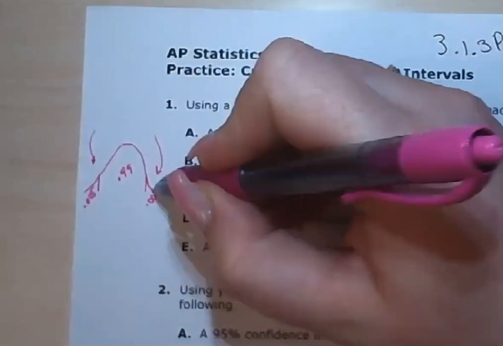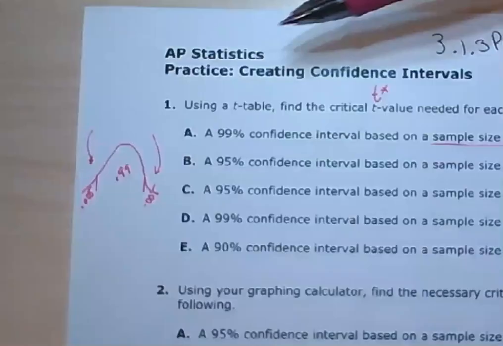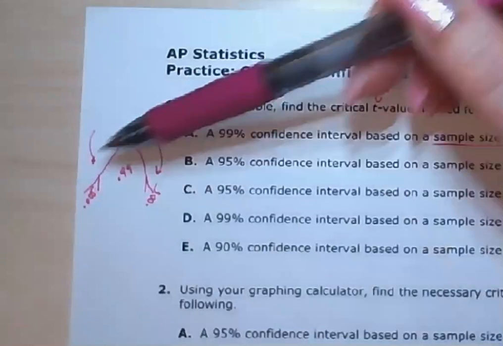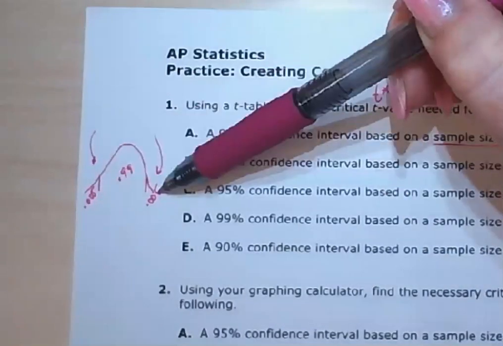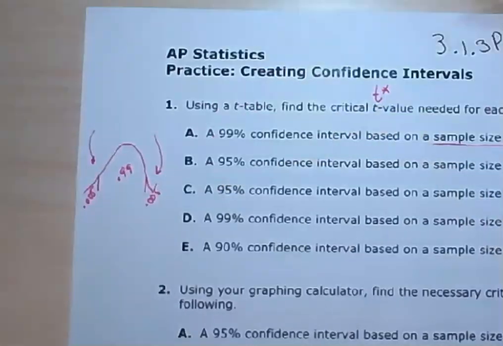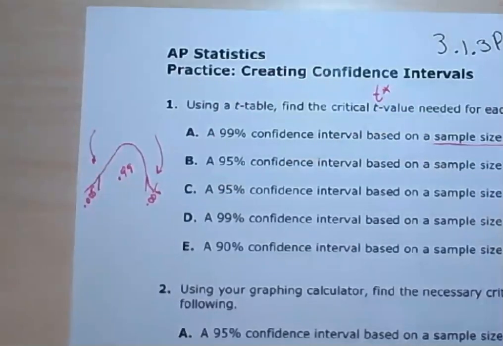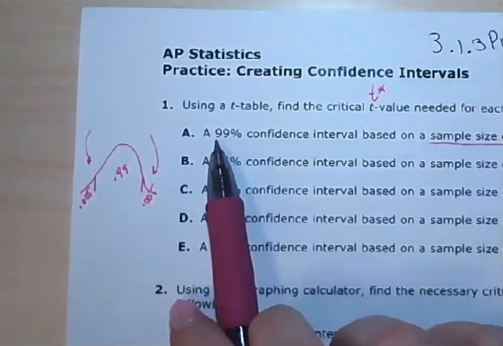I can double check this, add it all together. 0.005 plus 0.99 plus 0.005 is 1. So the tail area or the tail probability is 0.005. That's 100% minus 99 and then divided by 2.